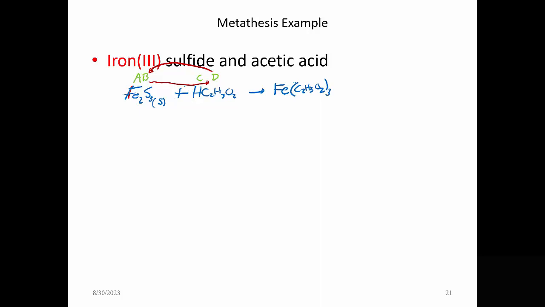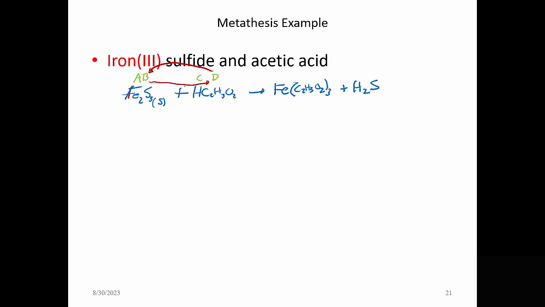And so this would be one of the products. The other product is going to be the H+ cation with the sulfide anion. Now sulfide is a -2 and hydrogen is a +1. So to balance out the charge, we're going to need 2 of the +1 hydrogens for every -2 sulfide. And so it'd be H2S.